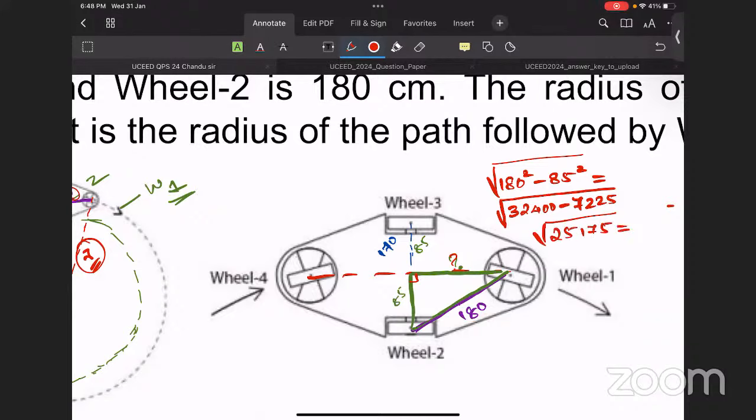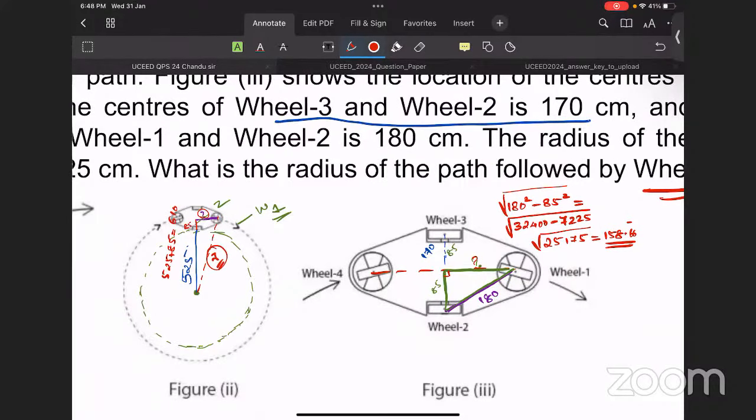If you take the root, you will get 158.66. The shortcut method I will take in another session later, because the length of this session will be too long otherwise. So you can take it as 158.6 or simply 158, because the answers are given in a very long range. You can take 158 or 159. It will not make much change in the answer.